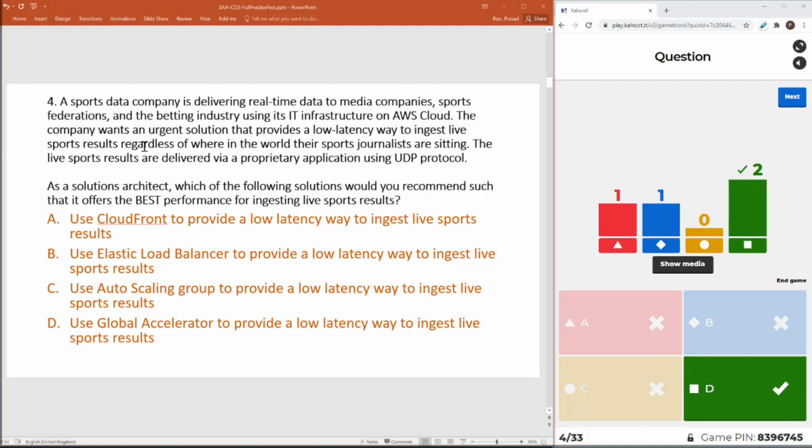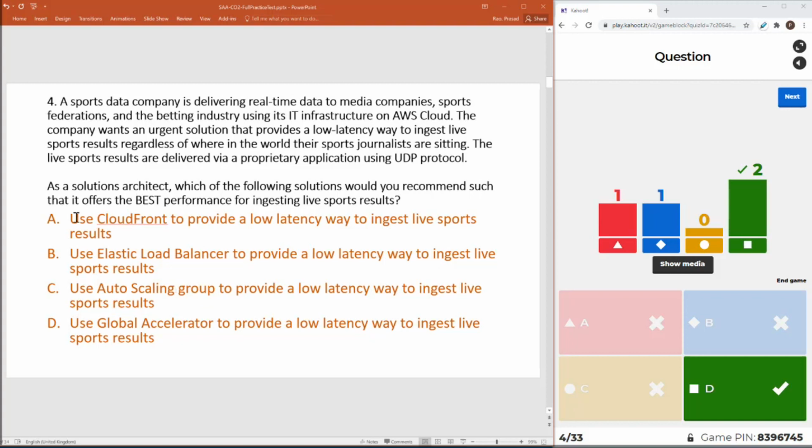With that itself, you can rule out options B and C, because Elastic Load Balancer is mainly for distributing data among multiple endpoints or multiple EC2 VMs. And an Auto Scaling group is mainly for elasticity, scaling up and scaling down based on the load or traffic. Neither of them will give you a low latency way to ingest the live results.